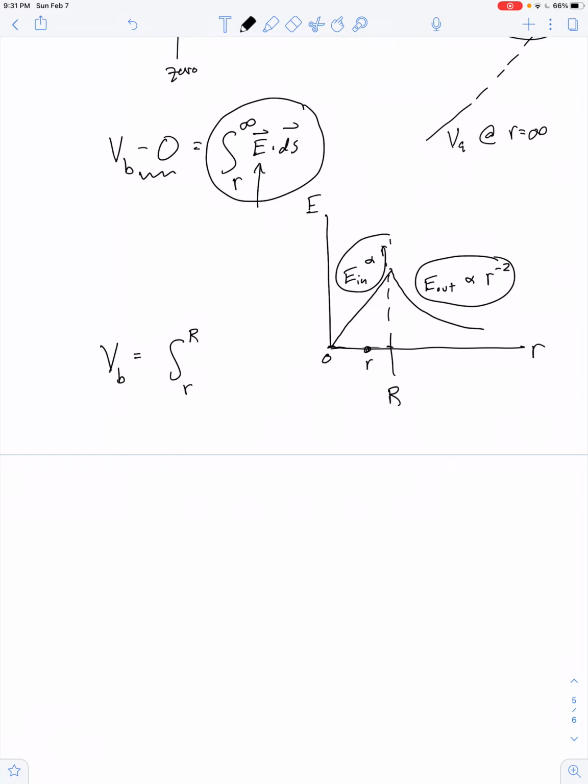There's our lowercase r, of E in dot, I suppose I could change ds to dr, plus the integral from R to infinity of E out dot dr.